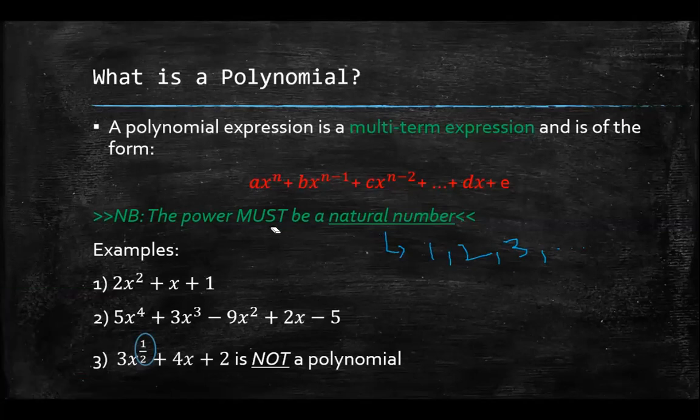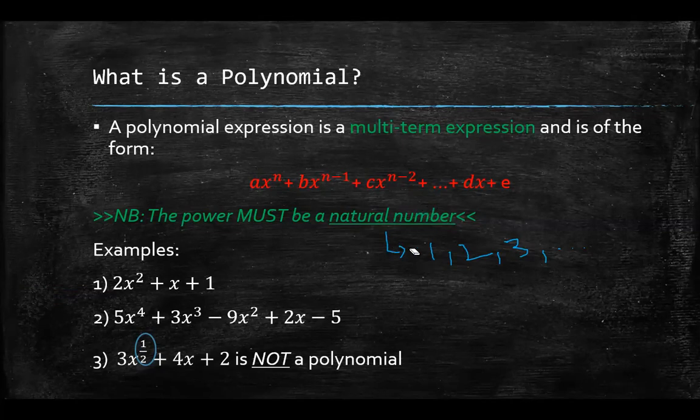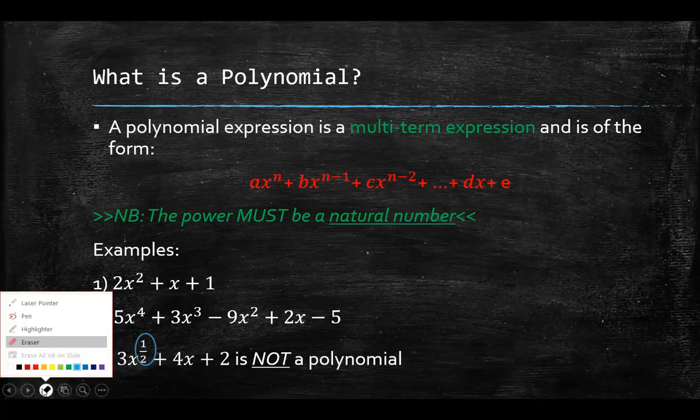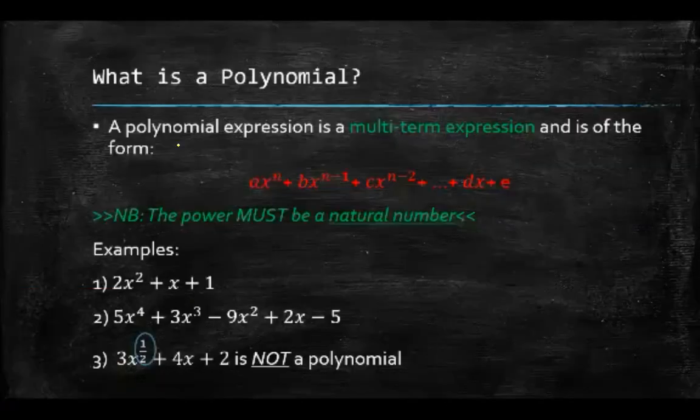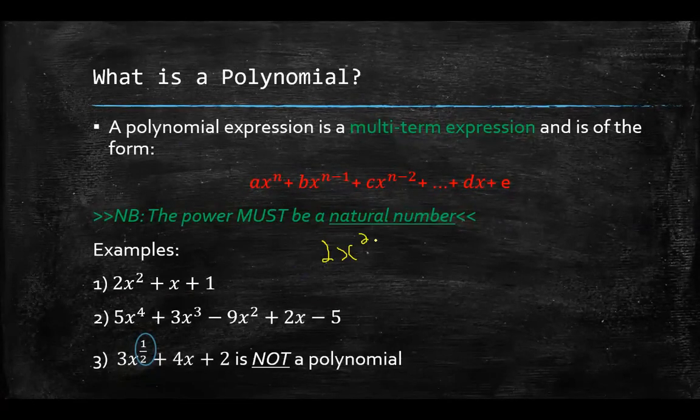And the power for a polynomial, so you see this right here, power, right? The power must be a natural number. So just remember that. I have some examples here to show you. So say I have 2x squared plus x plus 1. Let me write this out. So 2x squared plus, according to this, my next power, I just have to minus 1 from this original power.